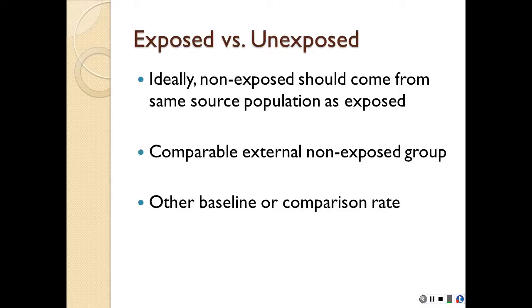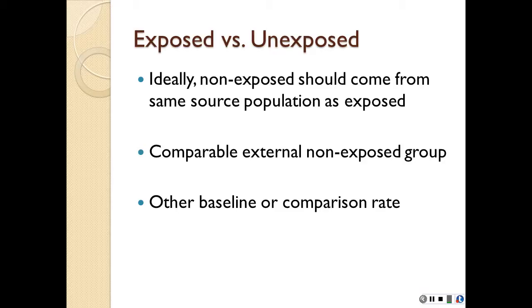Now, obviously, in a lot of cases, there's existing research where people have used consistent definitions, and you would want to go by that. But it's the researcher's job to define who's going to count as exposed and who's going to count as not exposed. What you want, if you really can get it, is to have your unexposed people come from the same source population as your exposed people, because you want your unexposed people to give you the baseline rate of disease if you weren't exposed.